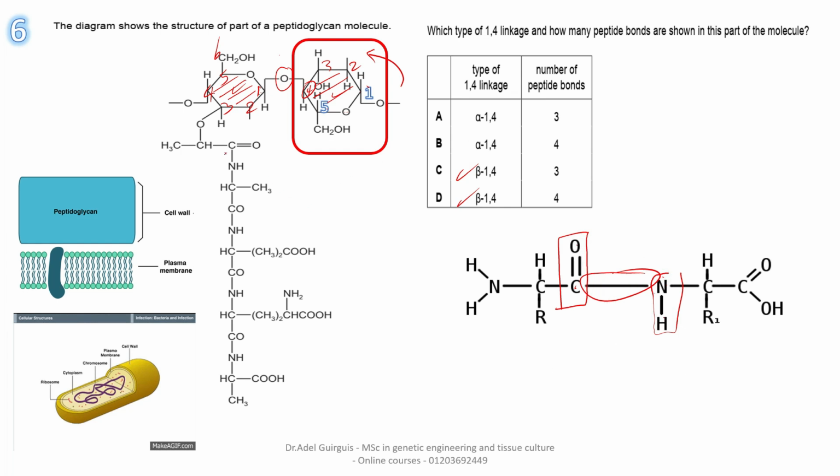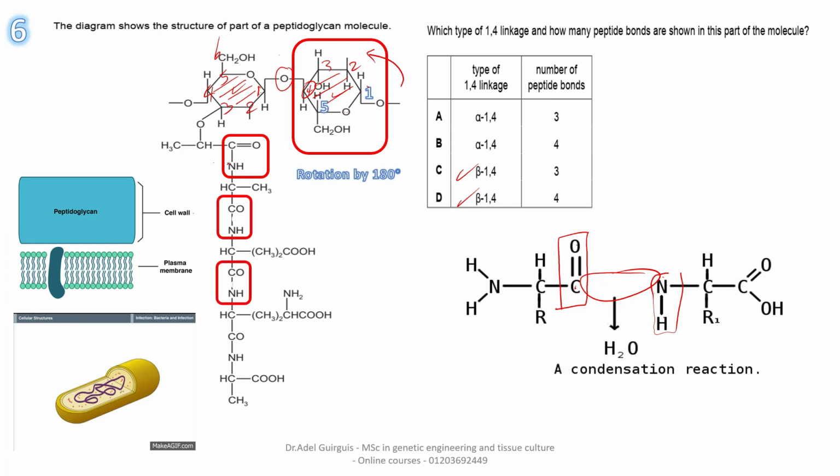So in this tail we have to count how many peptide bonds there are. Look, the first one, second one, third one, fourth one. So the total number equals 4. So the answer is D. It's okay.